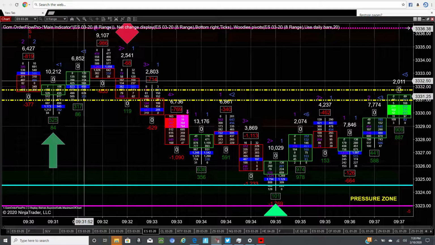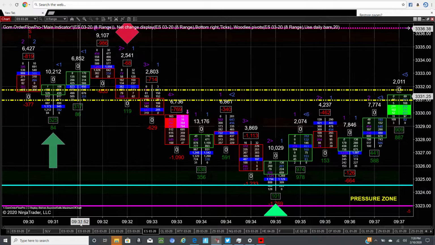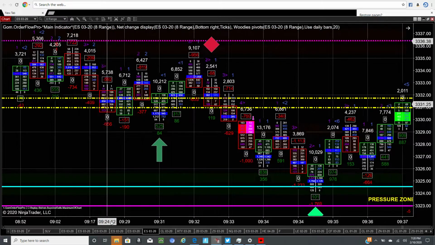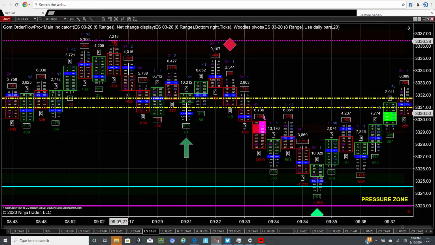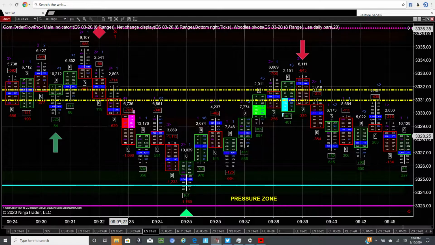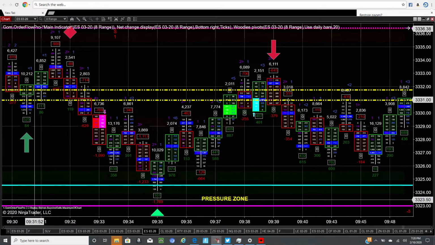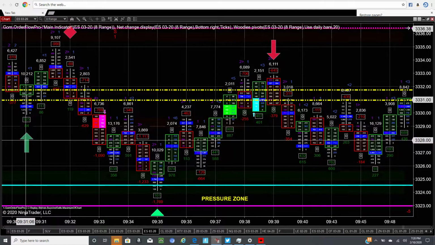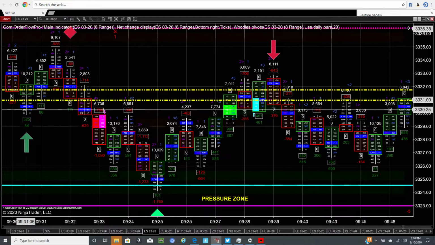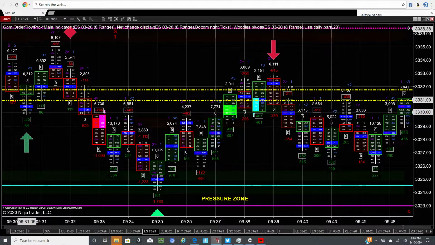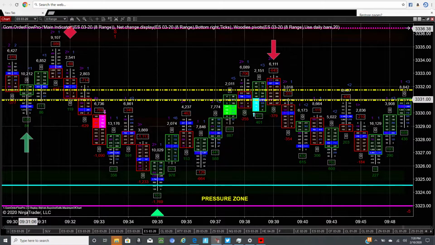So now that I've given you the anatomy of the candle, let me zoom this out a little bit more so we can get more in here. You had a buy right here with what is called the hybrid model. You'll notice this is a green candle.